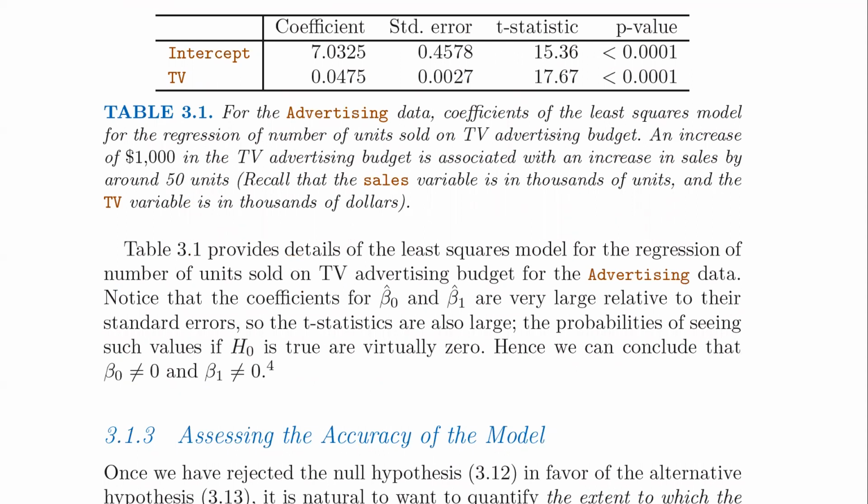Notice that the coefficients for beta naught hat and beta 1 hat are very large relative to their standard errors. So is the standard error small or large? Well, on its own, you can't ask that question. There's no answer to that question. But compared, as a percentage to 7, it's not that large, right?